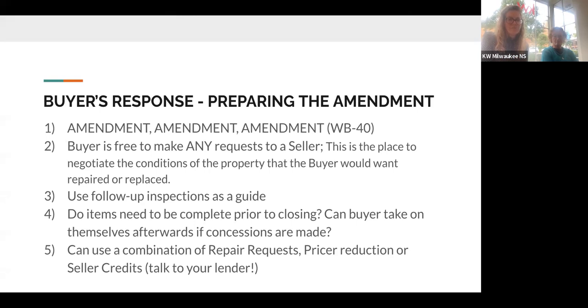Here I wanted to make a point: the buyer is free to make any requests to a seller. This is the place to negotiate the conditions of the property that the buyer would want to see repaired or replaced.